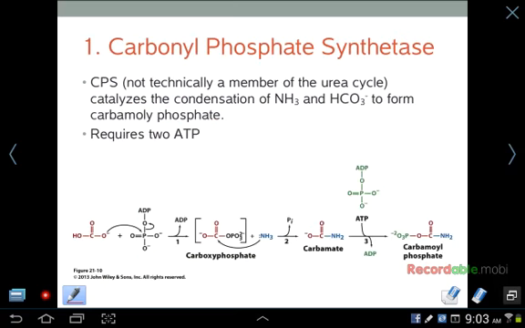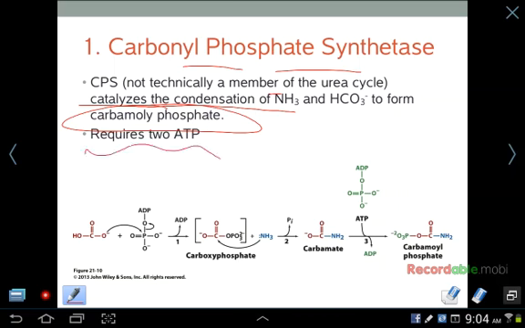All right, so in our first step, carbamoyl phosphate synthetase is actually not technically a member of the urea cycle, but it helps prepare our ammonia for entry into the urea cycle. So what this enzyme does is it catalyzes the condensation of ammonia and bicarbonate to form carbamoyl phosphate. And this requires 2 molecules of ATP.